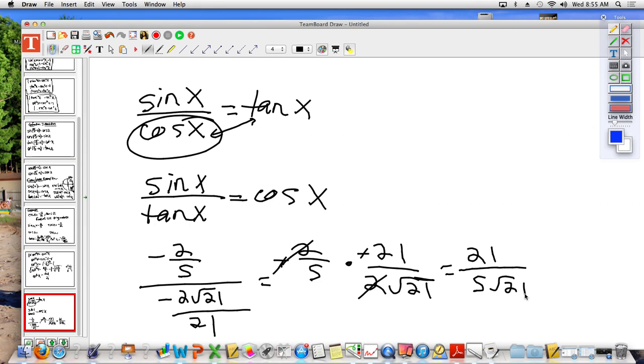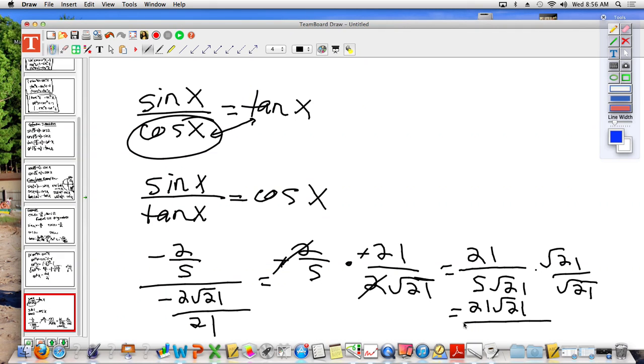Of course not. So what do I multiply by? Square root of 21 over the square root of 21. Thank you. All right, so we have 21 square roots of 21, and then on the bottom, 105.